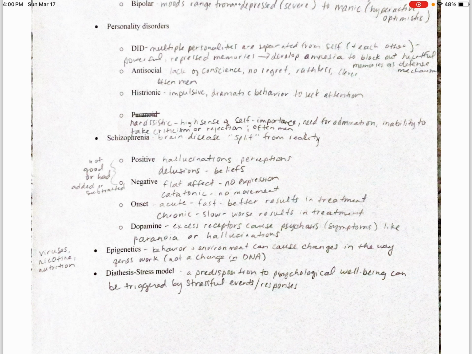Well, then there are these stressful events. Does it mean that I'm going to develop depression because of my genetic predisposition and stressful events that happen in my life? No. Does it mean that the stronger the correlation, the more we have to ask, can one happen because of another? So when we talk about the diathesis-stress model, we look at the psychological well-being and how it can be triggered by these stressful events.